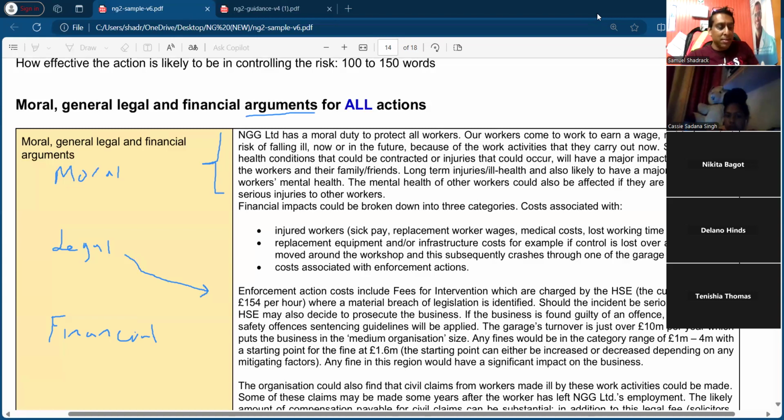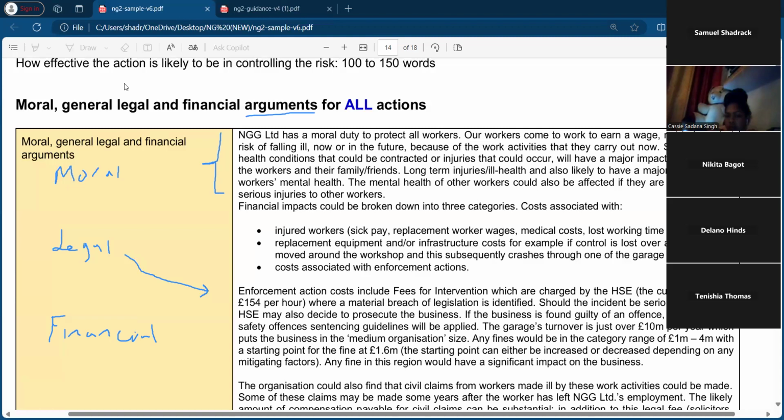NGG Limited has a moral duty to protect all workers. Our workers come to work to earn a wage, not to be put at risk of falling ill, now or in the future, because of the work and activities that they carry out now. Some of the ill health conditions that could be contracted or injuries that could occur will have a major impact on the lives of the workers and their families and friends.